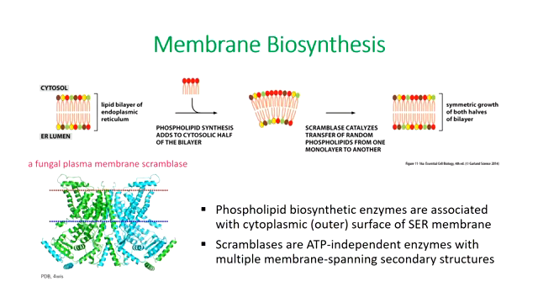Scramblases are interesting enzymes. Doing something like moving a phospholipid, an amphipathic molecule, across a membrane would seem to be something that requires a lot of energy. But in fact, scramblases are ATP independent. They don't need to hydrolyze ATP, and they don't use any other high-energy source. What they do is they form this huge complex that essentially has a hole at the middle of it.